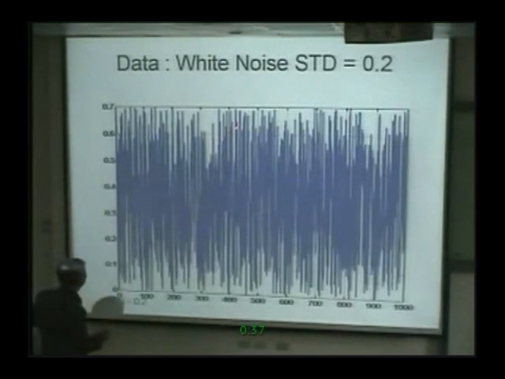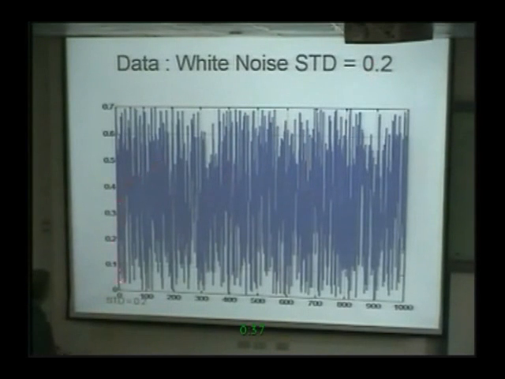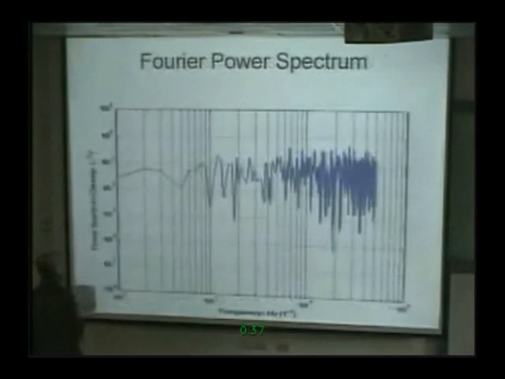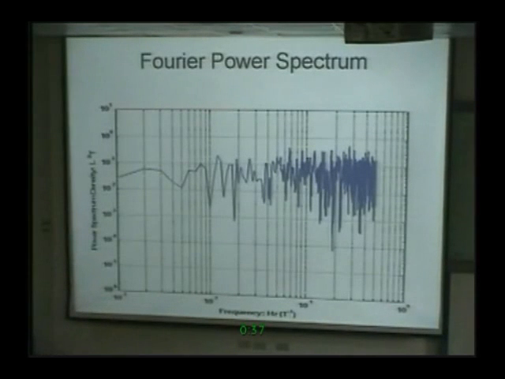So here is a white noise. It has a standard deviation of 0.2, and the white noise that I generate has a mean value over here. This is not zero mean. Okay, non-zero mean. So when I do a Fourier spectrum, Fourier power, after I take out the mean, I detrend it. It becomes this. If you do not detrend it, you see this is relatively flat.